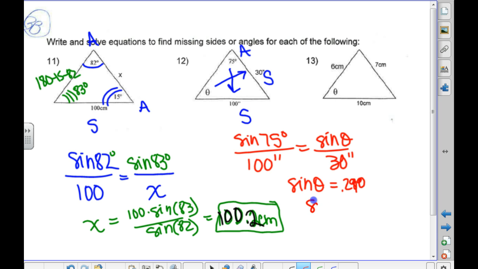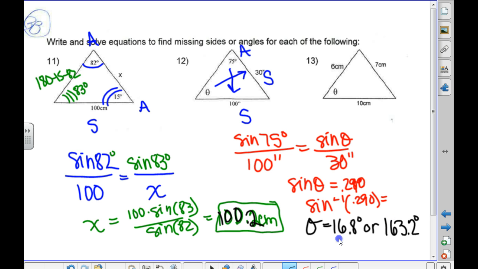Okay, and then we're doing second sine, or inverse sine of that. And you can just leave the whole decimal in your calculator, it doesn't matter. When you type that, what did you get? 16.8 degrees, or 163.